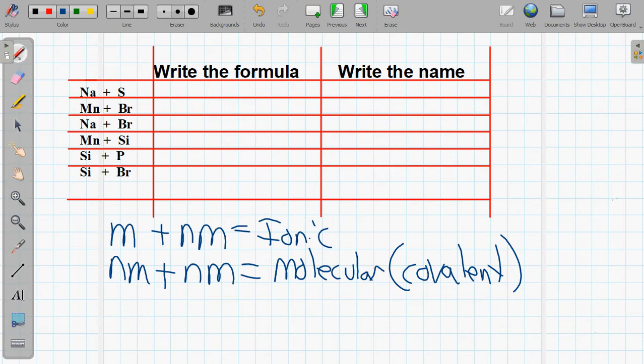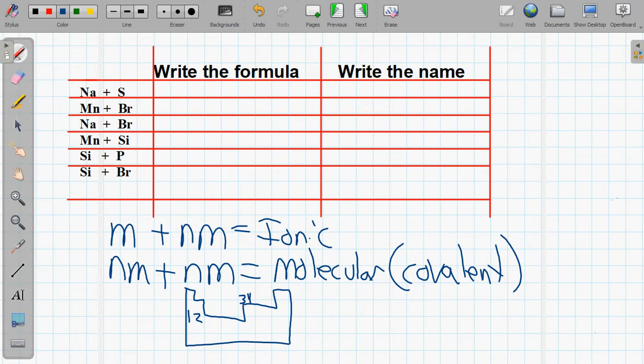The other thing you need to know is, on the periodic table, everything in group 1 is 1 plus. Everything in group 2 is 2 plus. Everything in group 13 is 3 plus. Everything in group 14 is 4 plus.